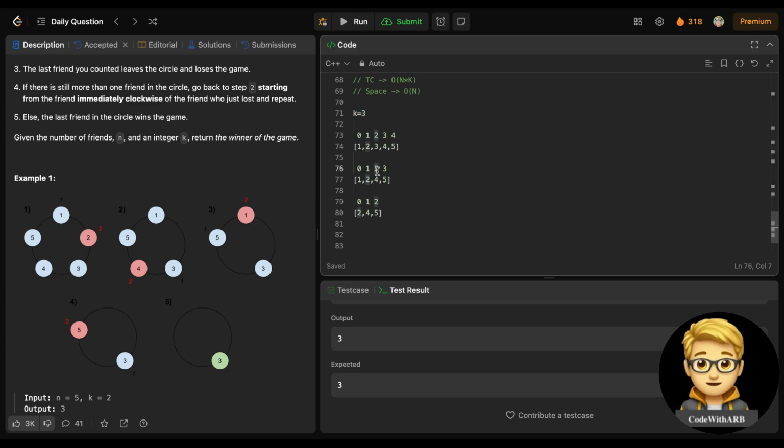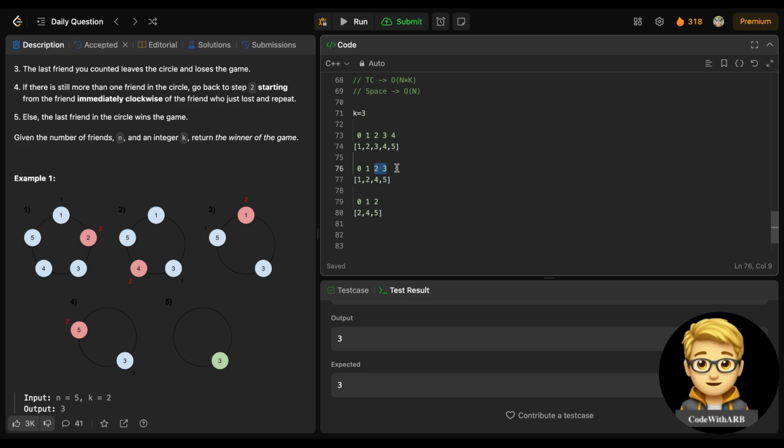So basically, what is happening here, if you observe, is that at every removal of a friend, the indices are reduced, but how much? When this 3 is removed, it is reduced by one element.